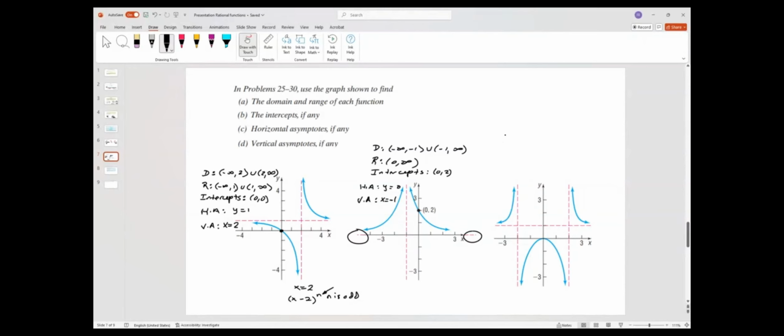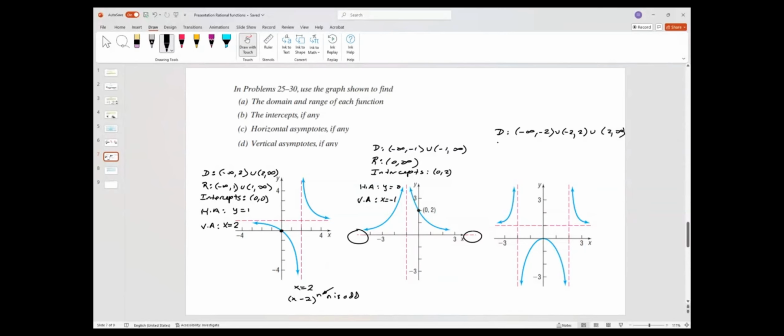So the domain in this case is from -infinity to -2, union from -2 to 2, union from 2 to infinity. This is the domain, because we have discontinuities, there are asymptotes at -2 and 2.